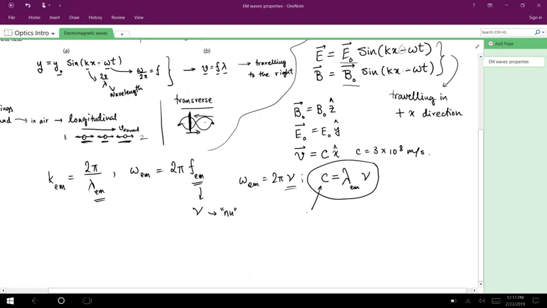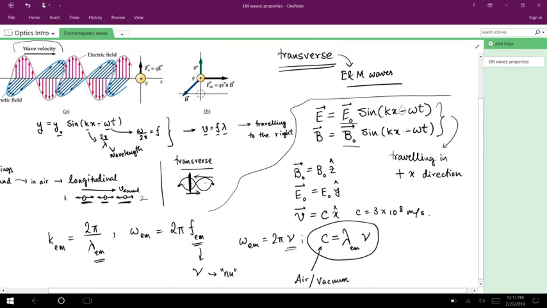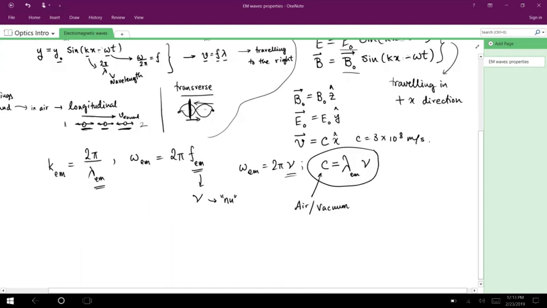Now you can ask, what is the medium here? The medium has to be air or vacuum, because light, when it's traveling in vacuum or air, is going at 3 times 10 to the 8 meters per second. But as soon as it gets into a different medium, let's say glass or water, for air it's the same as vacuum, then light probably slows down.